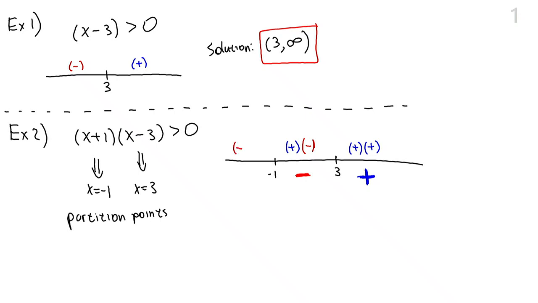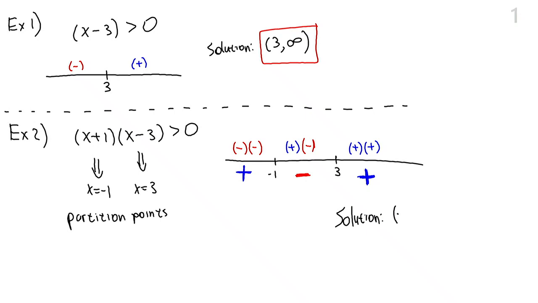So then we're going to have a product of two negative numbers. But if you multiply two negative numbers together, you're going to get, again, a positive number. And once we analyze the real line like this, we're ready to write down our solution.